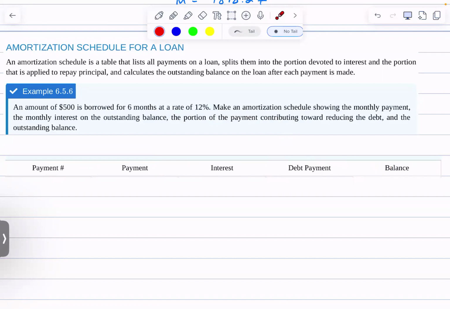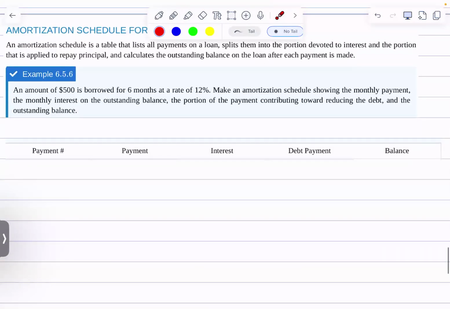Now, there's a little bit of work that we need to do before we can start filling in this list. We know we borrowed $500, and for 6 months, we're going to make monthly payments. Which means how many payments? We're going to make 6 payments: 1, 2, 3, 4, 5, 6.